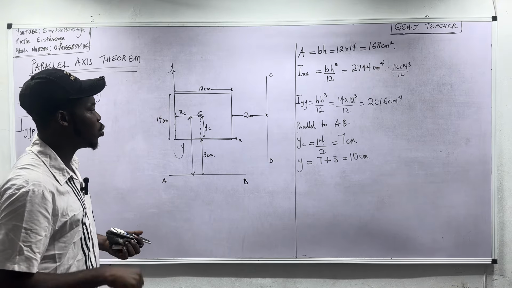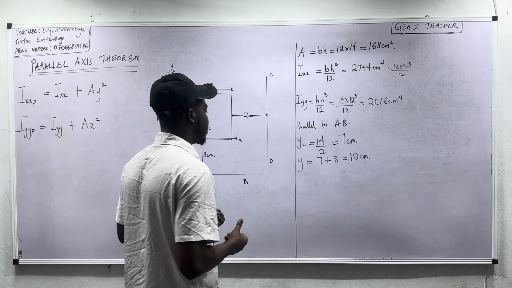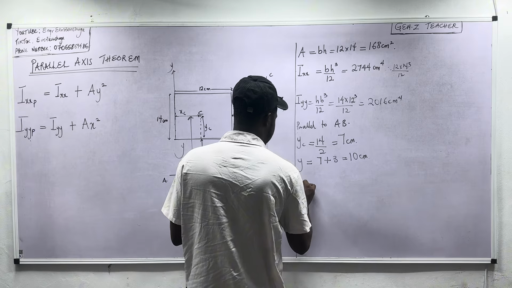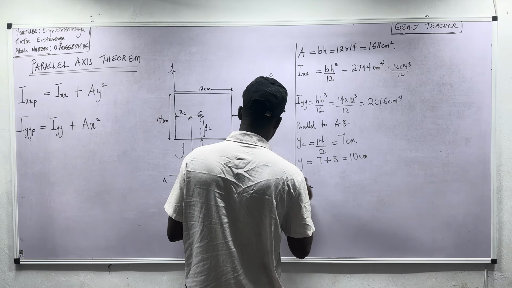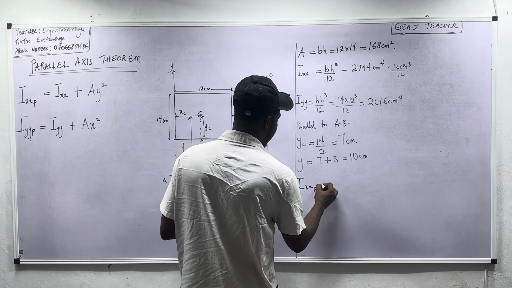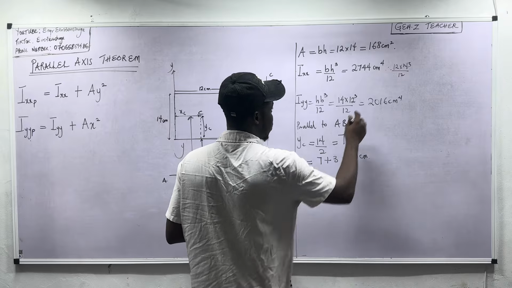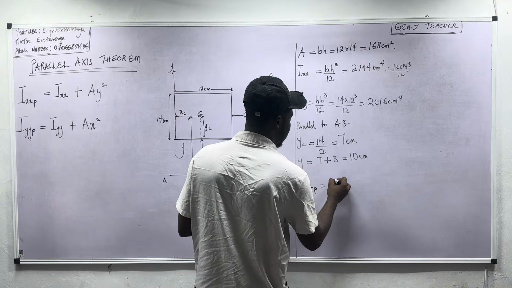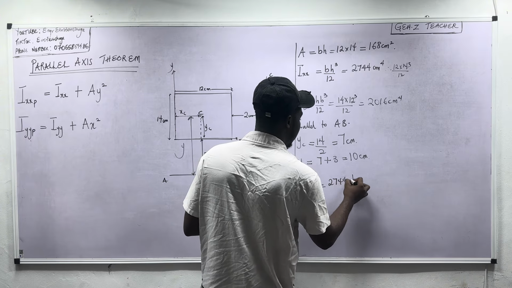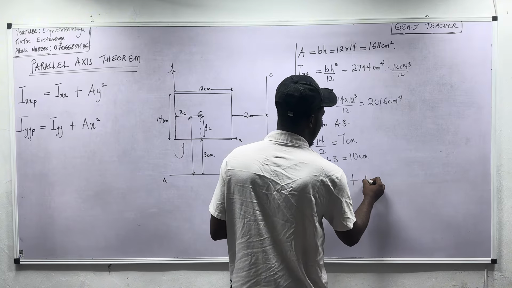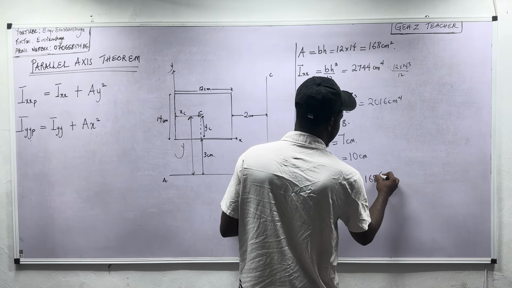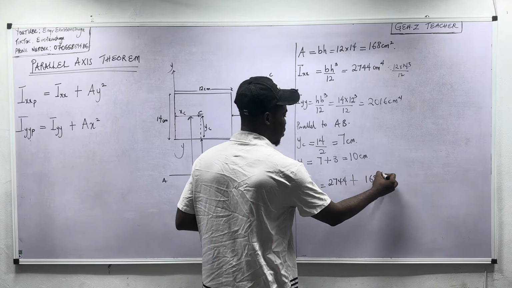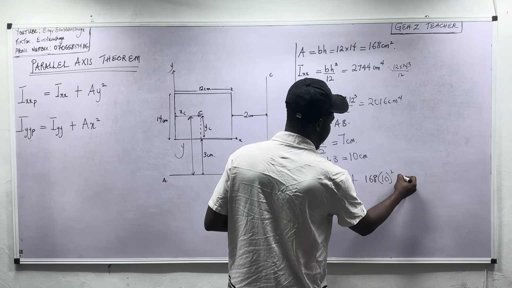So now we can find the one parallel to AB. Since AB is an x axis, our Ixx was 2744, plus the area for the shape, 168, times our y, which is now 10. Don't forget to square that value, 10 squared.